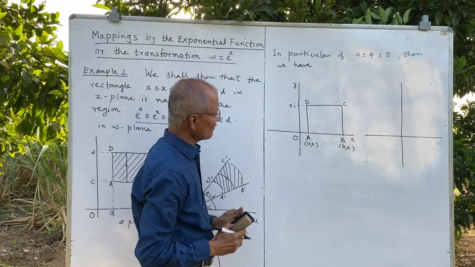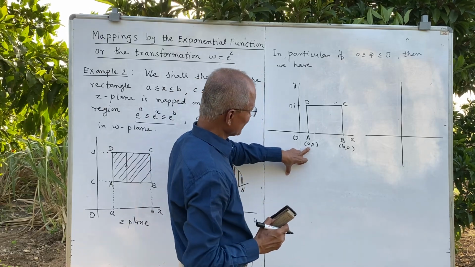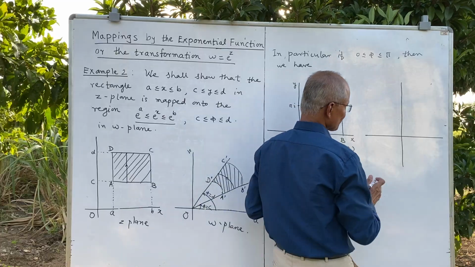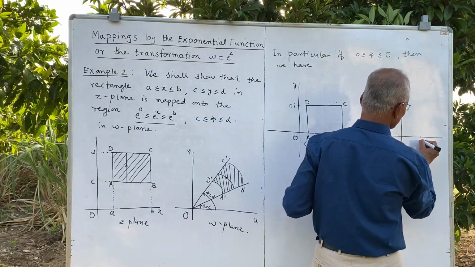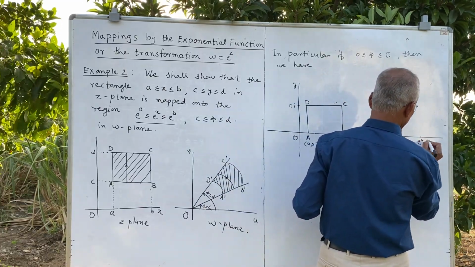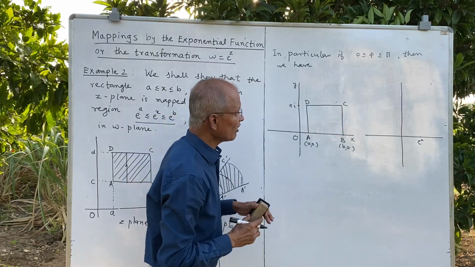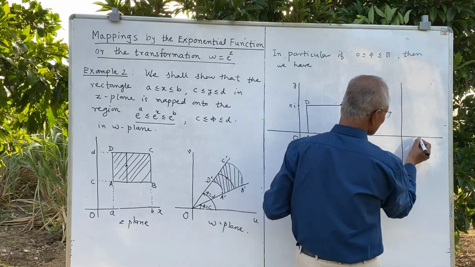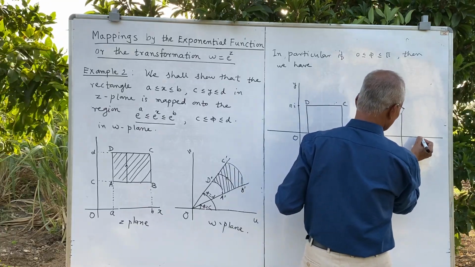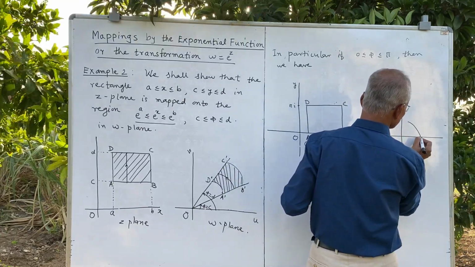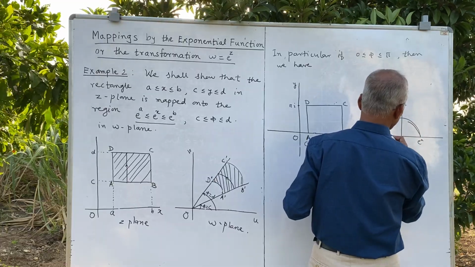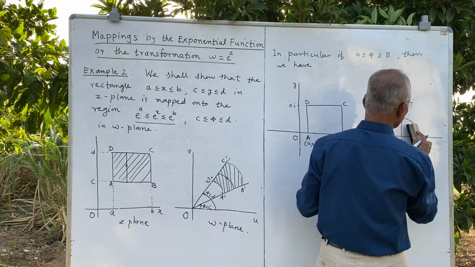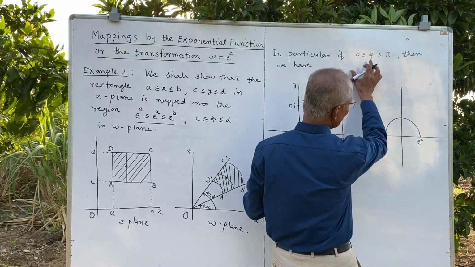Therefore we will have e power a as the radius vector, and the value of phi is between 0 and pi, so this radius vector will trace a circle having radius e power a, and angle varies from 0 to pi.